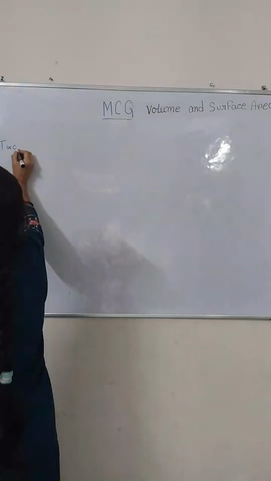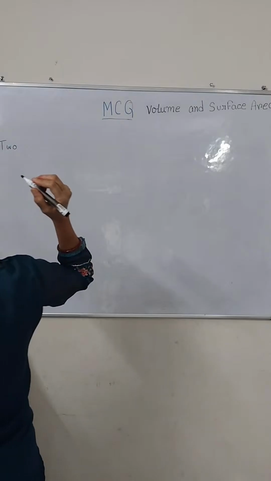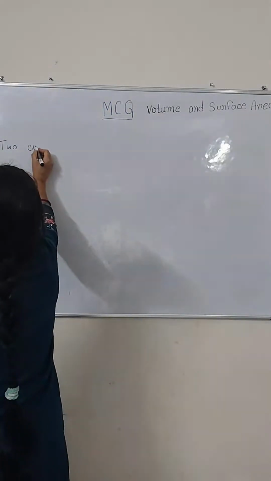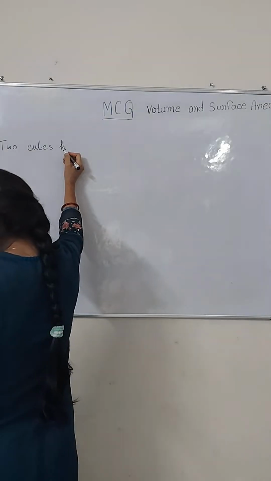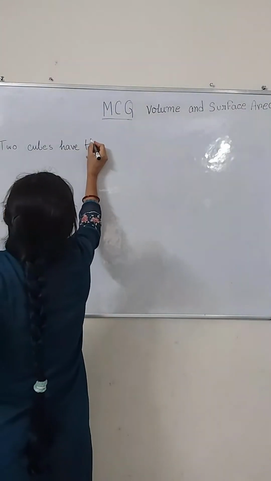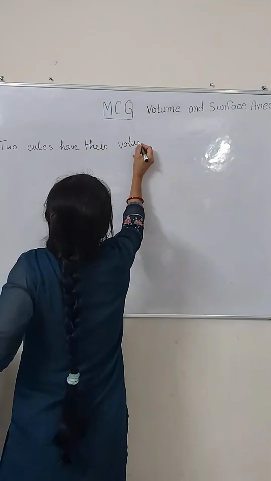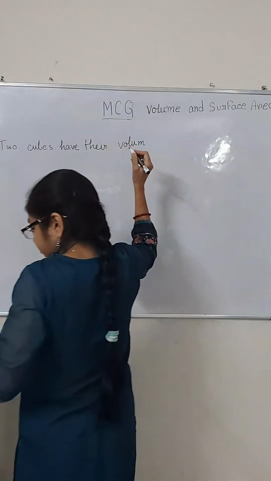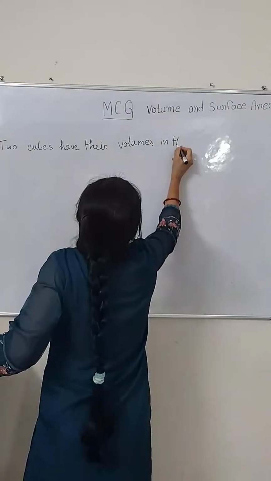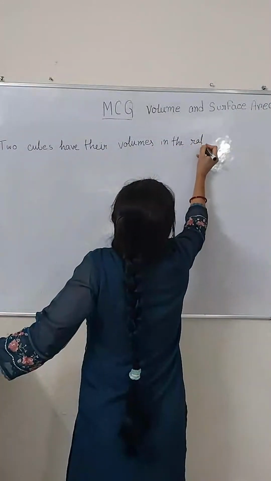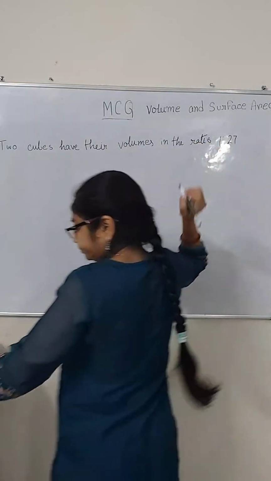Two cubes have their volumes in the ratio 1:27.